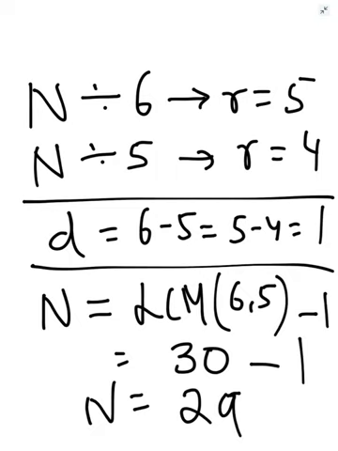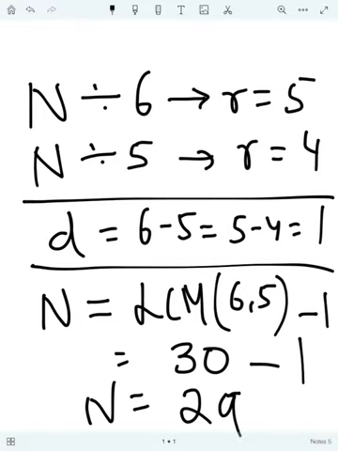So here you have to subtract the constant difference. In model 1 we added the constant remainder, but if there is a constant difference we have to subtract it. 30 minus 1, 29. Now you can verify: 29 by 6, remainder is 5. 29 divided by 5, remainder is 4.